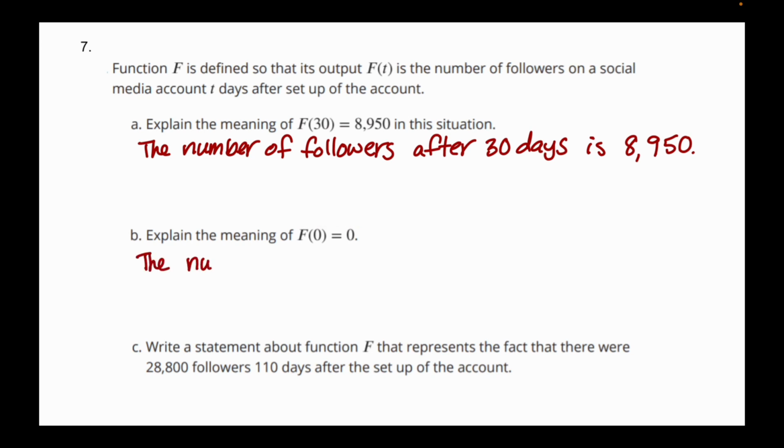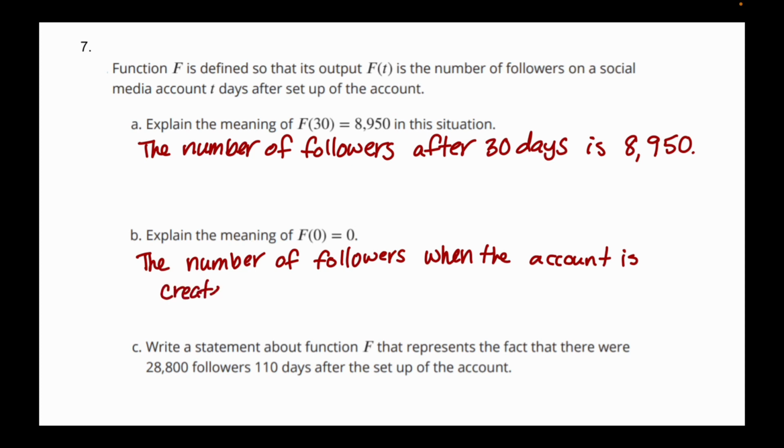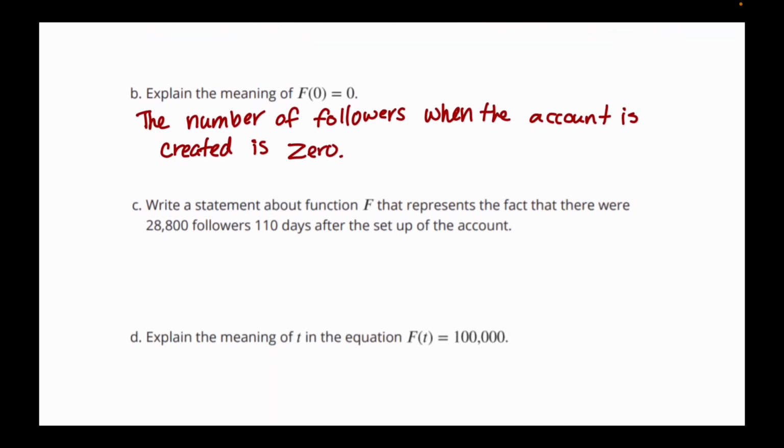The number of followers, we can say, when the account is created is 0, which makes sense. When you create an account, you don't have any followers at first. You have to add people and hope they add you back.